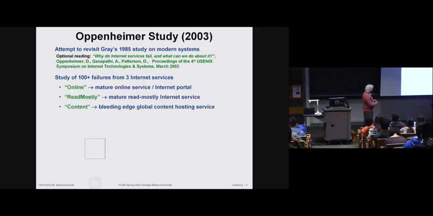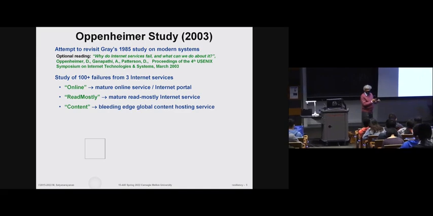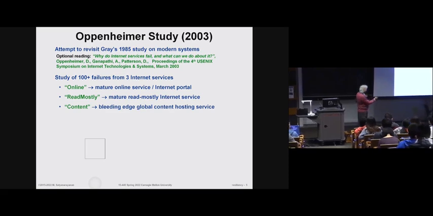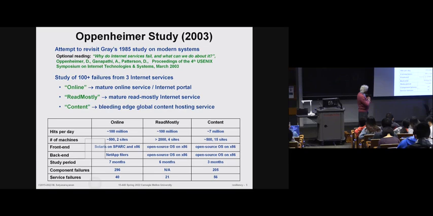Here's what they did. They looked at 3 internet services. Remember, it's 2003, so the actual study was probably done in 2002, almost exactly 20 years ago. They anonymized the names of the companies so they wouldn't get sued. They called them online, read-mostly, and content. So these were 3 different internet services. And these were the statistics that they gave.